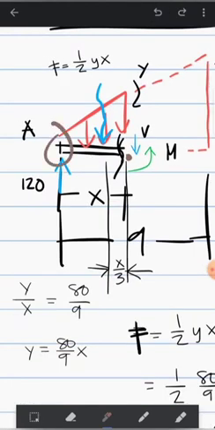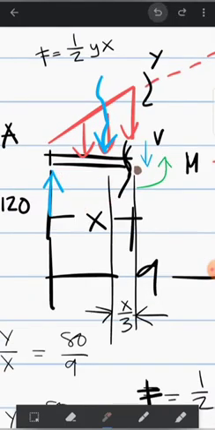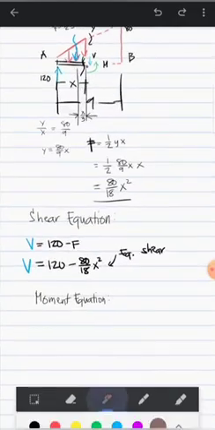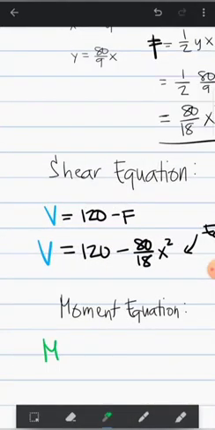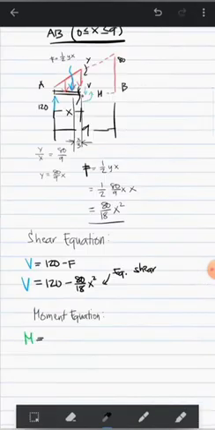And if we cut from the other side, that's 2/3 of this x, 2/3 of that distance. So our moment equation should be what?